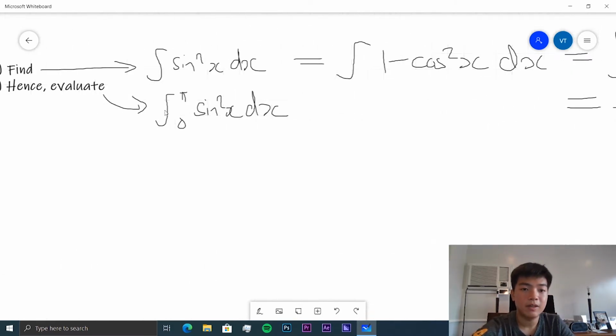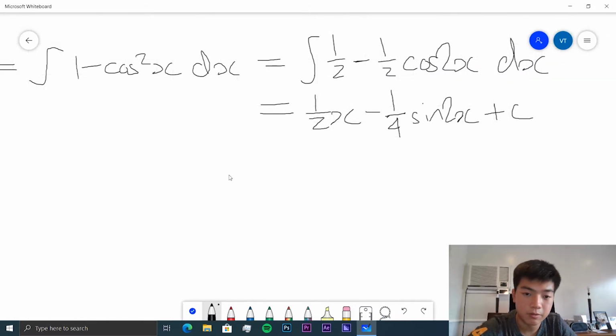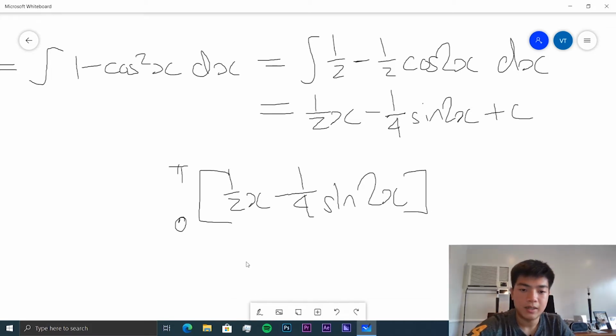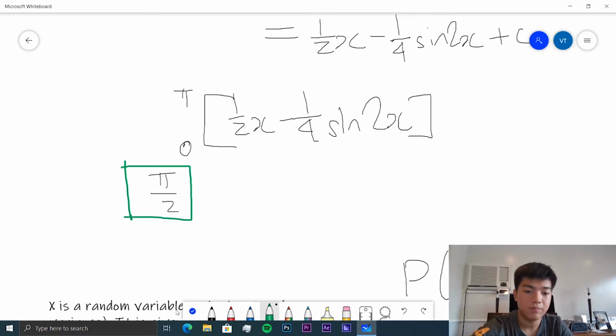And then for the second part, between pi and 0, that is equal to 1/2 x minus 1/4 sine 2x evaluated between 0 and pi. So this is pi over 2 minus 1/4 sine 2 pi, which is 0, minus 0 minus 0. So the final answer is simply pi over 2.